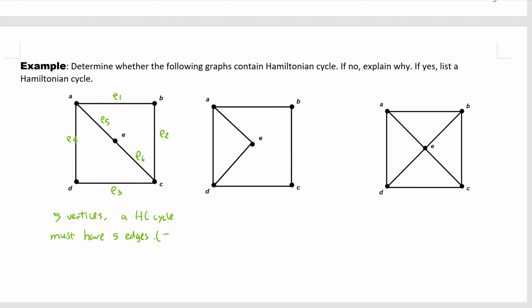There are 6 edges, so we need to eliminate 1.